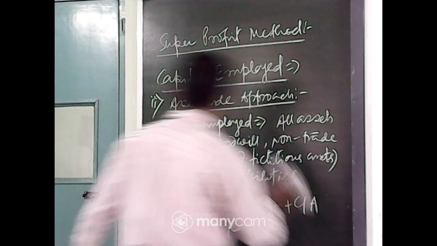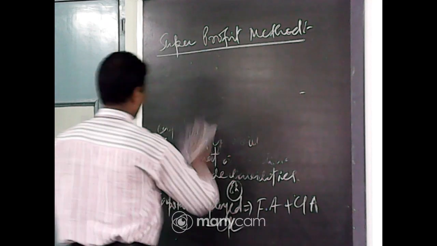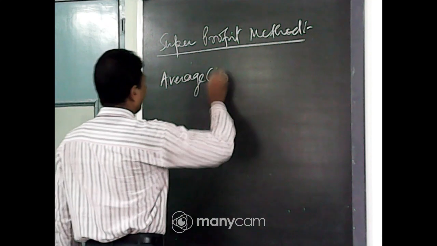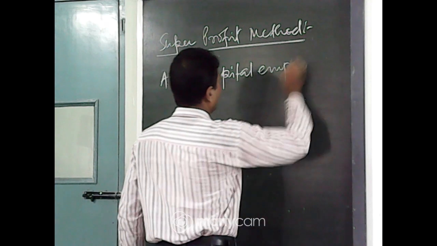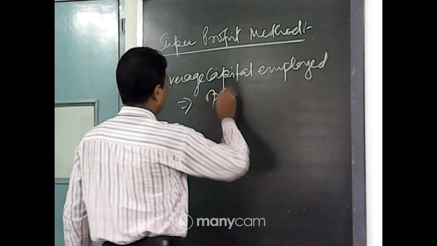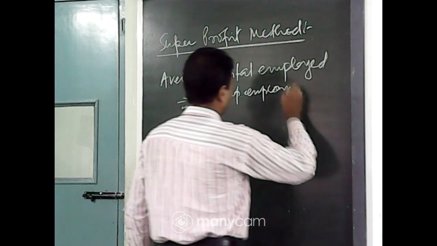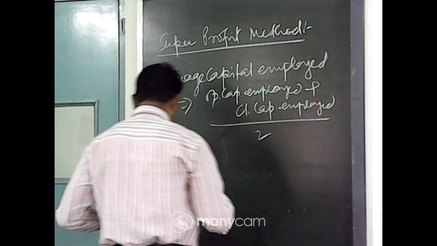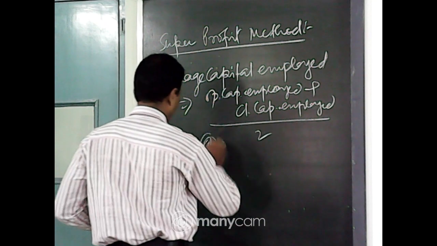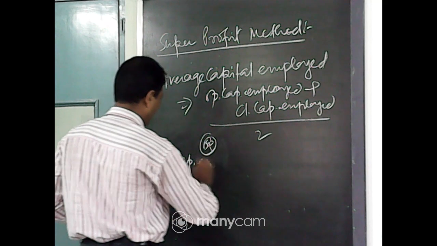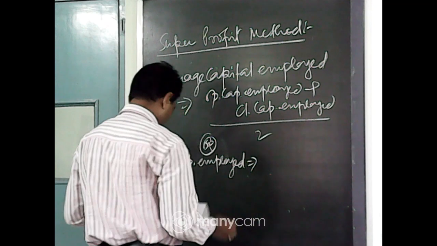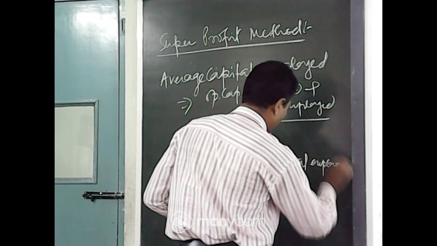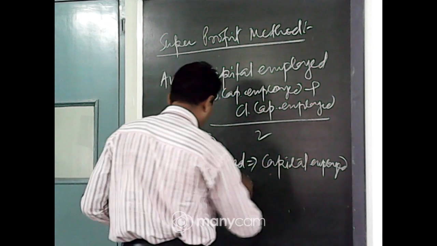How to calculate average capital employed?